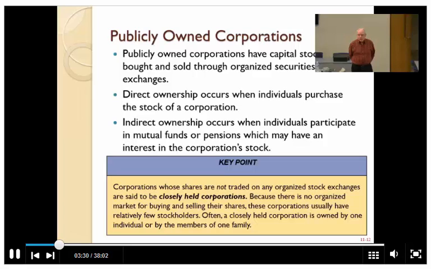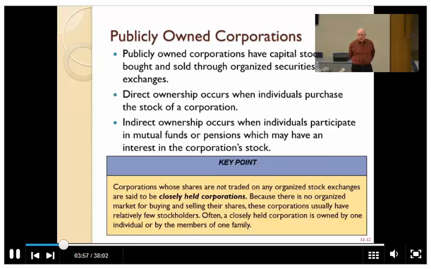You can have closely held corporations, but closely held corporations are not offered to the general public, and a closely held corporation could be owned by as few as one person or a handful of people. But we're dealing with publicly owned corporations.